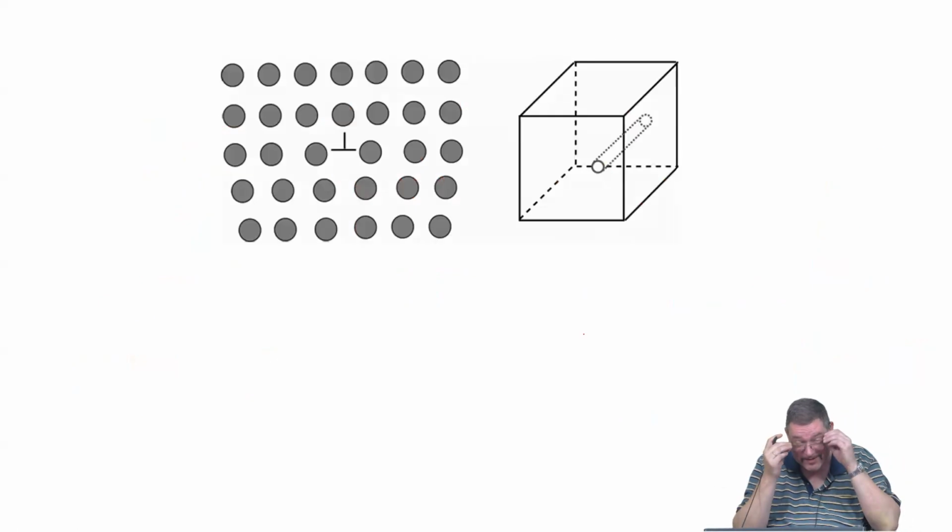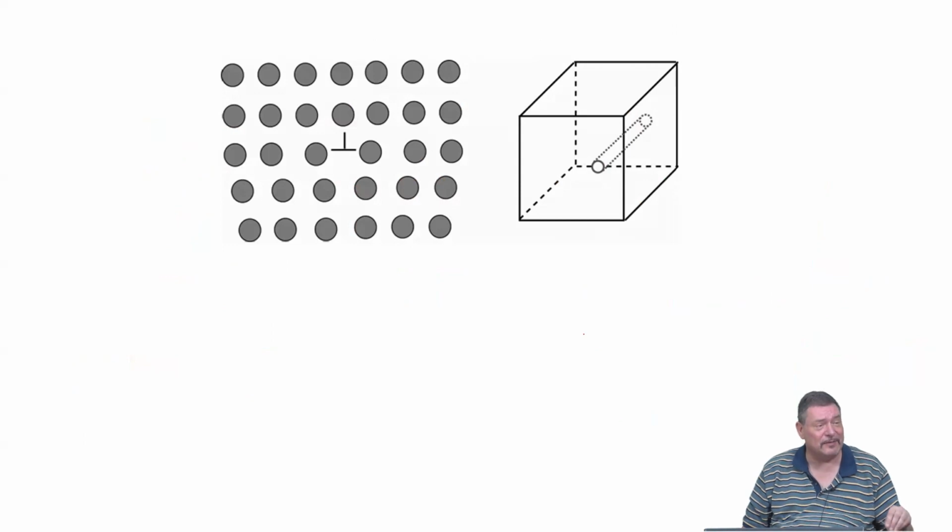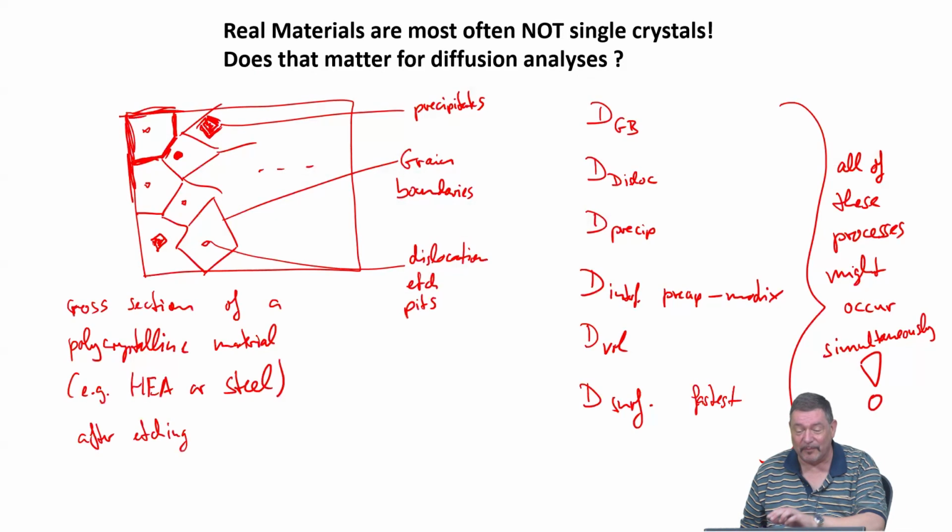Yeah, this is now a good question, and a question I couldn't answer because it could be that diffusion in the volume of the precipitate could be faster or slower than the diffusion in the volume in the matrix. But all volume diffusion processes are always the slowest compared to grain boundary diffusion, compared to dislocation diffusion, compared to diffusion along an interface between two different phases, compared also to surface diffusion.